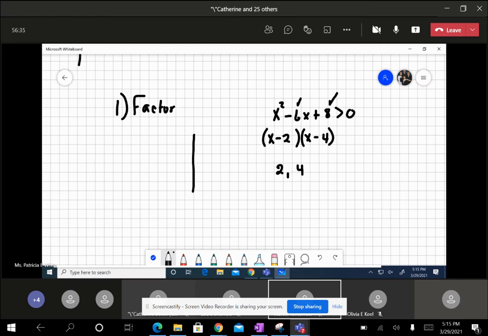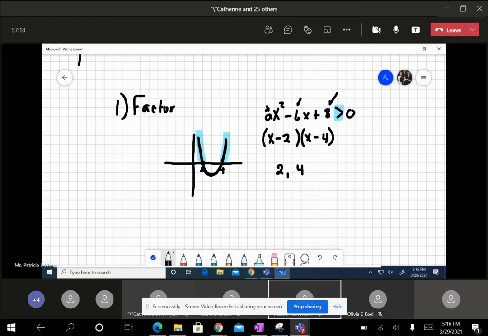I don't need a real accurate graph. There's my 2, and there's my 4. Now my a here is positive, so I know that my graph is coming like that. I am looking for where f of x is greater than 0, so where it is above the 0.